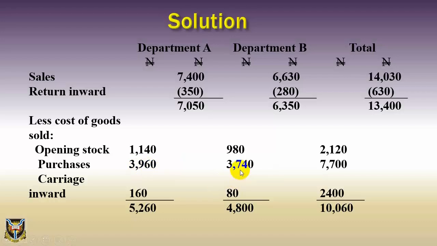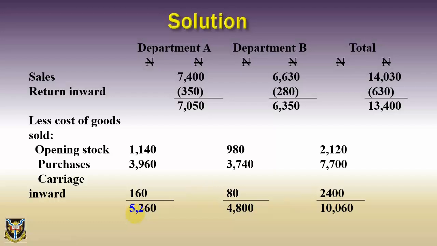Department B, 3,740. Total, 7,700. Carriage inward, Department A, 160. Department B, 80. Total, 240, making 2,400.